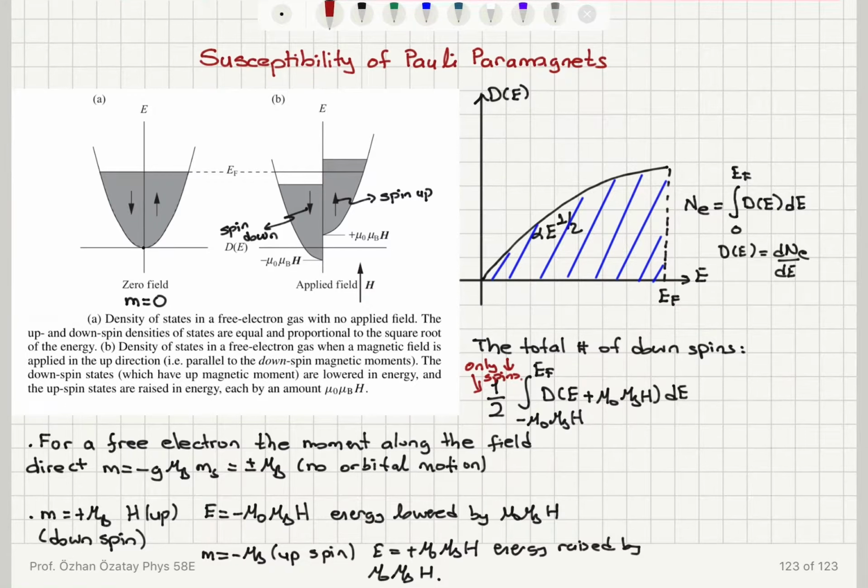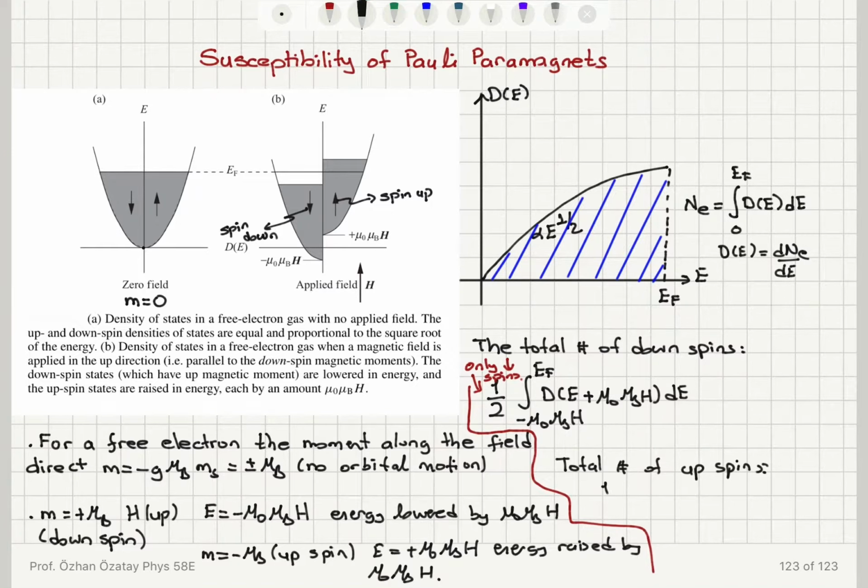And the same thing applies if you consider up spins; a similar argument applies. So if you want to calculate the total number of up spins, how would we calculate this?